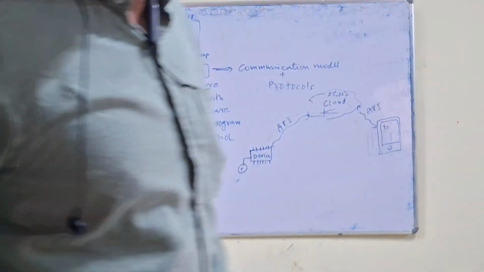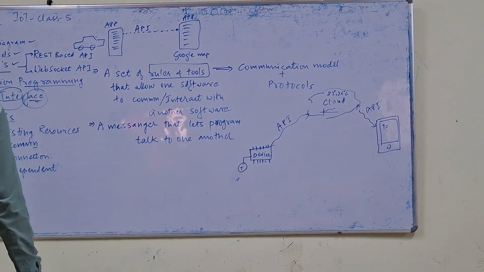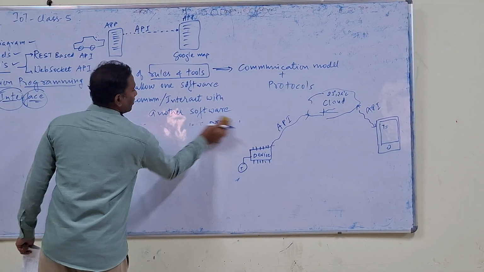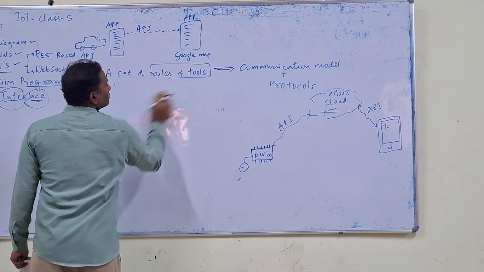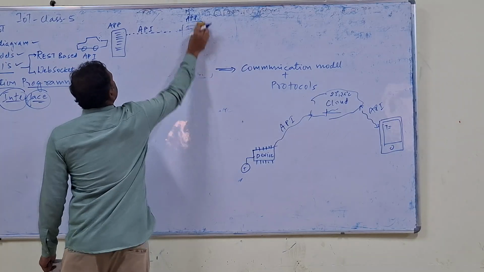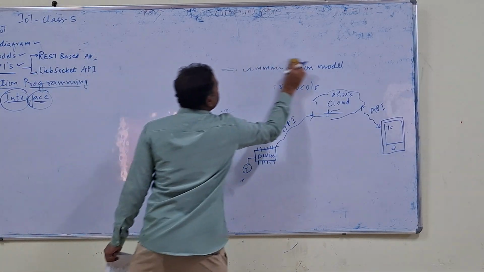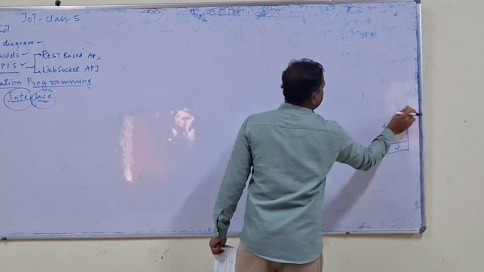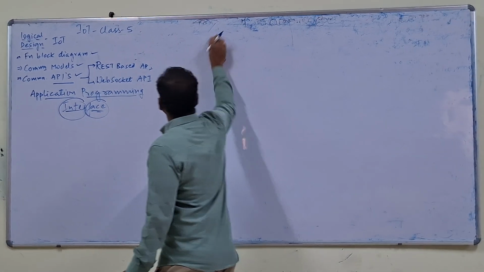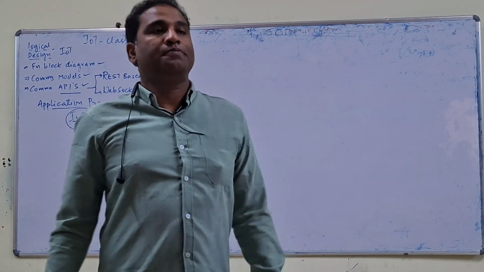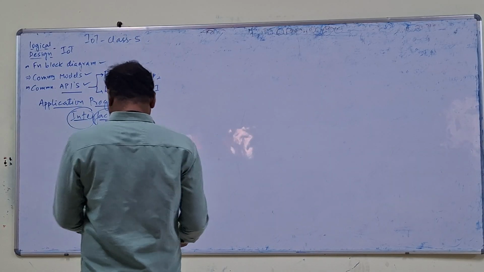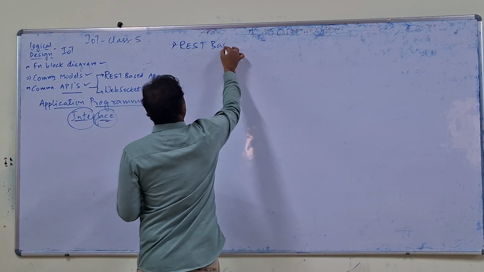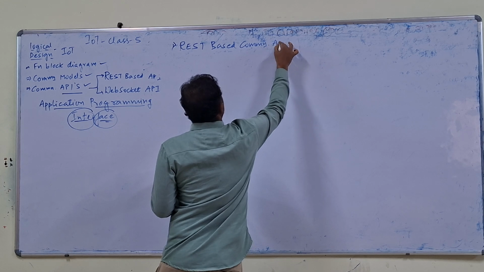So the first one, representational state transfer, REST-based communication API.